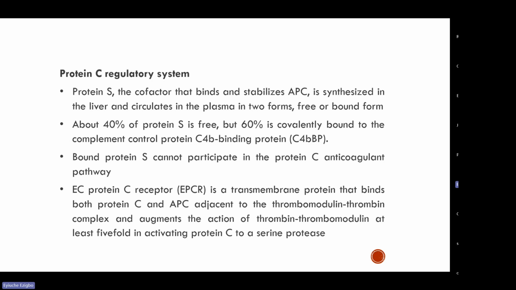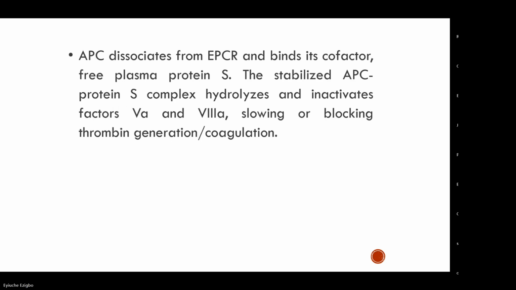So the protein C regulatory pathway needs some assistance from protein S as a cofactor to be able to function.